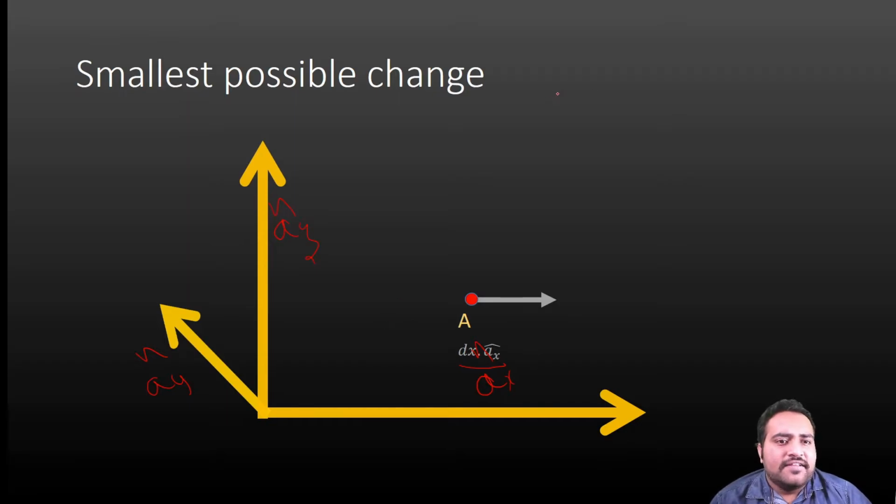I can get that from a bar equals mod a times a cap. Now the direction is along ax cap, mod a is dx. So this vector is dx ax cap. If there is change only in y, I will be again moving in ay cap direction, but with the magnitude dy.